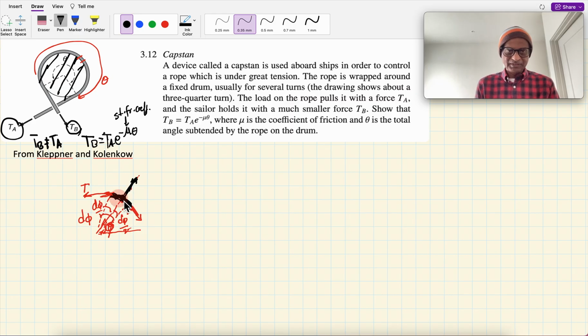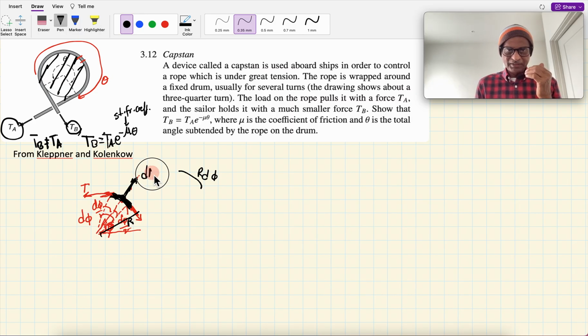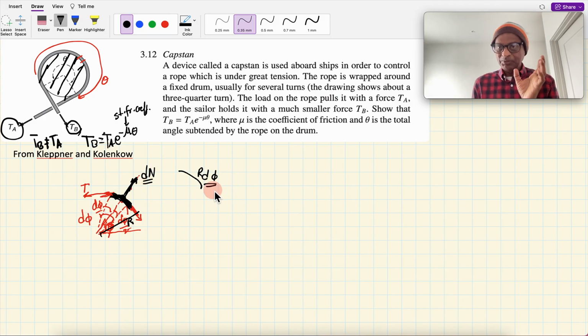If this was r, then the size of this piece is r d phi. How much normal force will be pushing outward? Let's call it dN. This is a small amount, and we expect this to be proportional to that. We don't know yet, but that is our expectation.